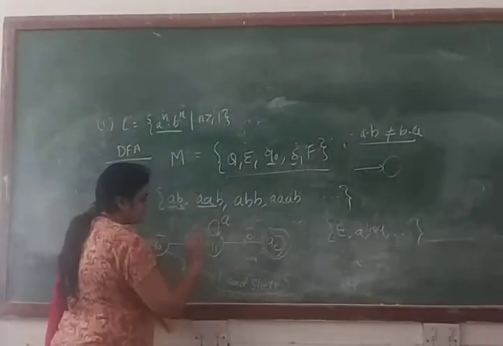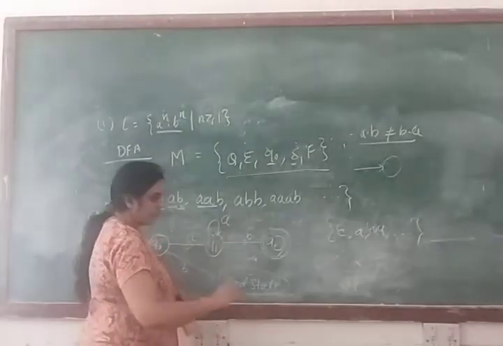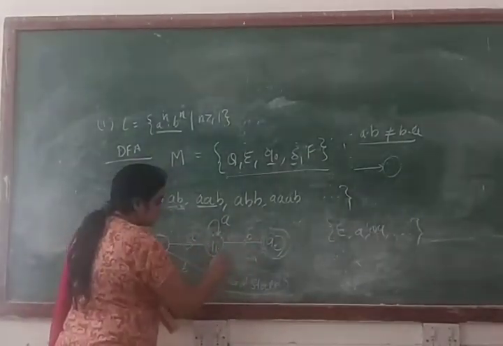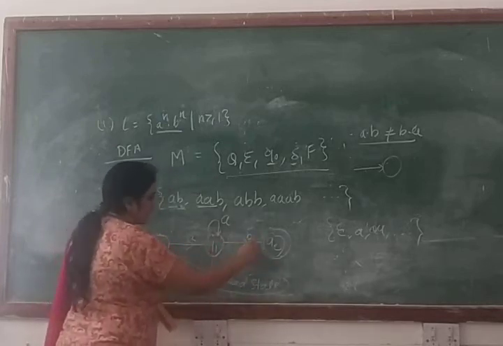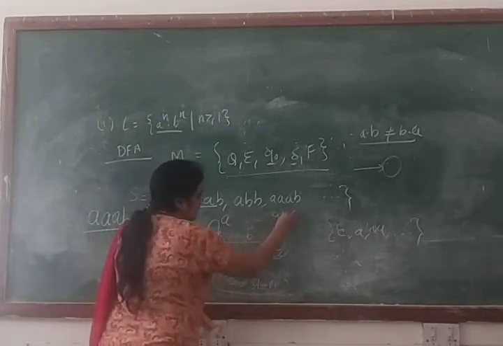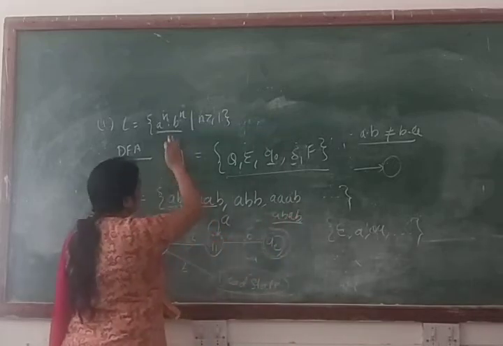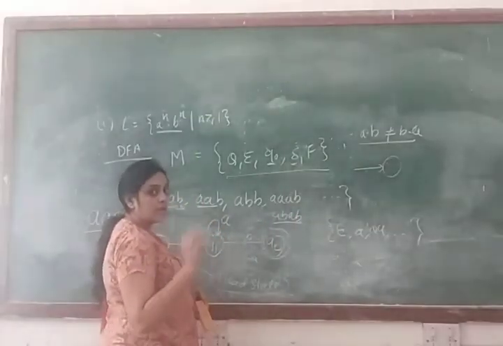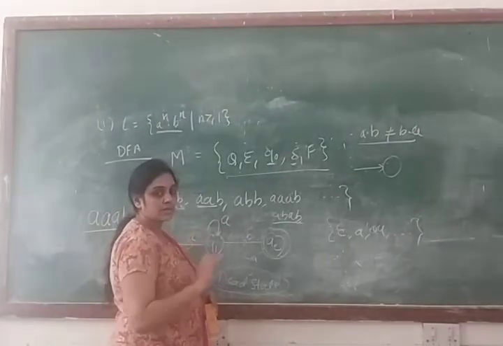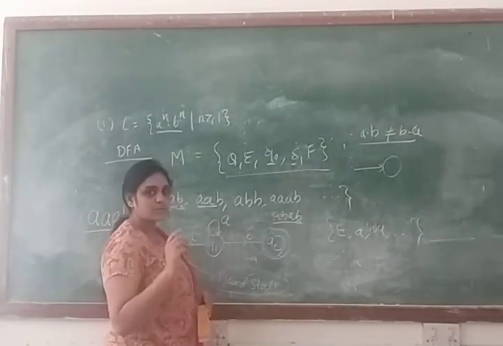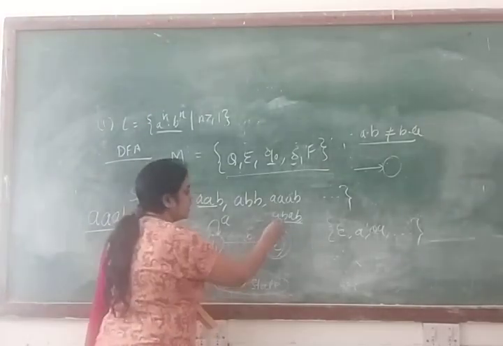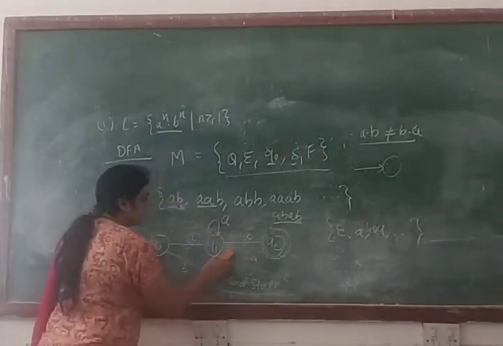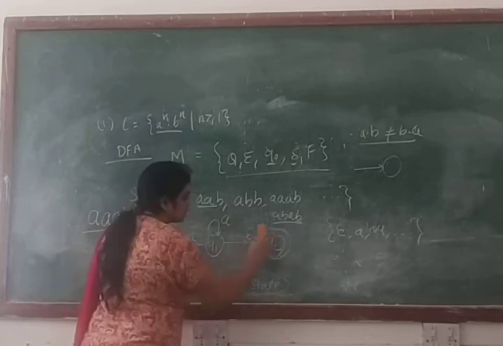Your machine can accept a b, but if you make this transition, your machine will accept a b a b, meaning b followed by a. But in your language, A followed by B always comes, so this is not part of your language, and that's why we cannot make a transition for that string.